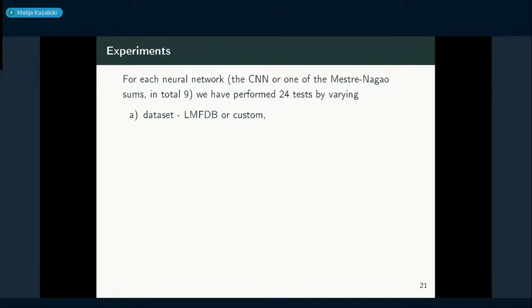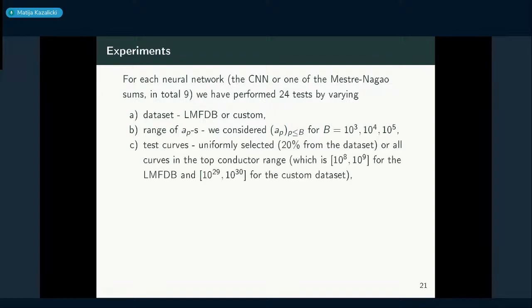So for each neural network, in total we had 9 of them, we performed 24 tests by varying first the data set, then the range of APs that we considered. So we considered 3 ranges: 1,000, 10,000, and 100,000, and also by varying the choice of the test curves. So we have two modes.